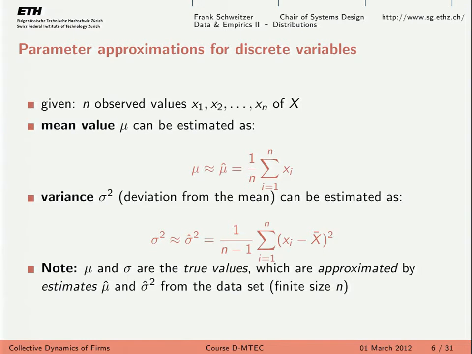So we assume that a good proxy for the mean value is just the arithmetic mean. So I sum over all of my observations, 1 to n. I divide by n, and that's the mean value. How do I get this? We talk about it later. So this sounds natural to you.